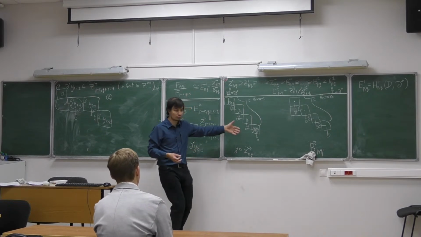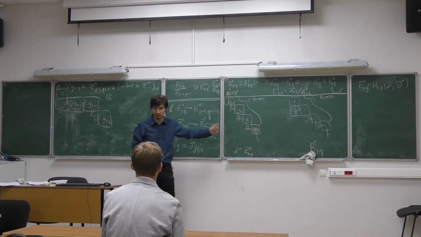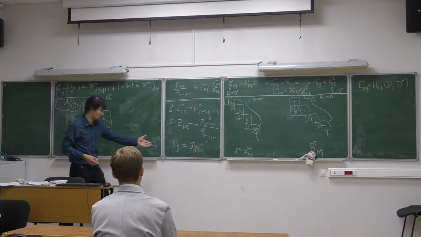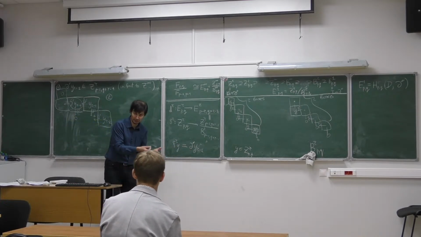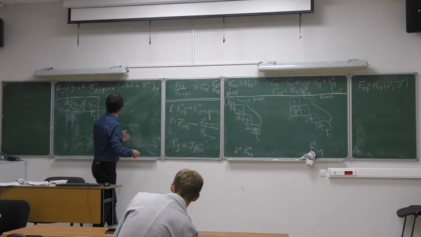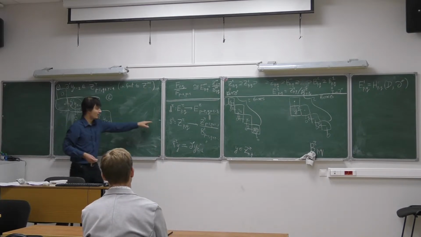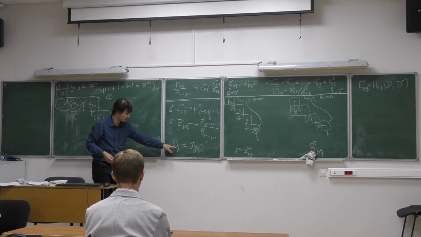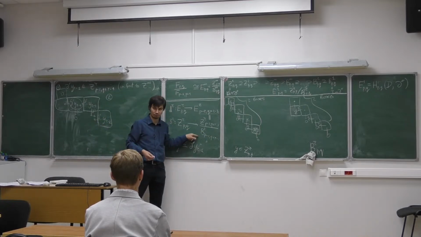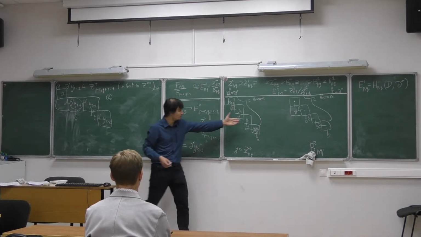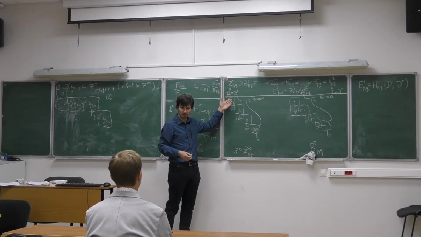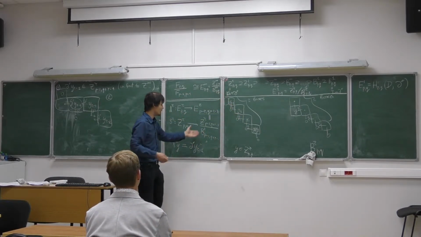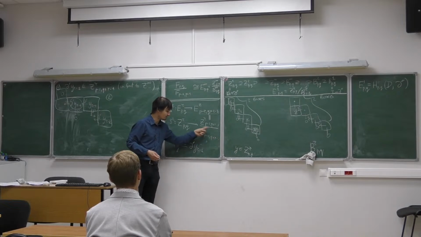So we may choose various sequences of such kind, and this element is not unique. But the second claim is that the indeterminacy of this delta r of y lies in this group. So if we choose another sequence of such kind, we just get an element which differs from the previous one by an element of this group.